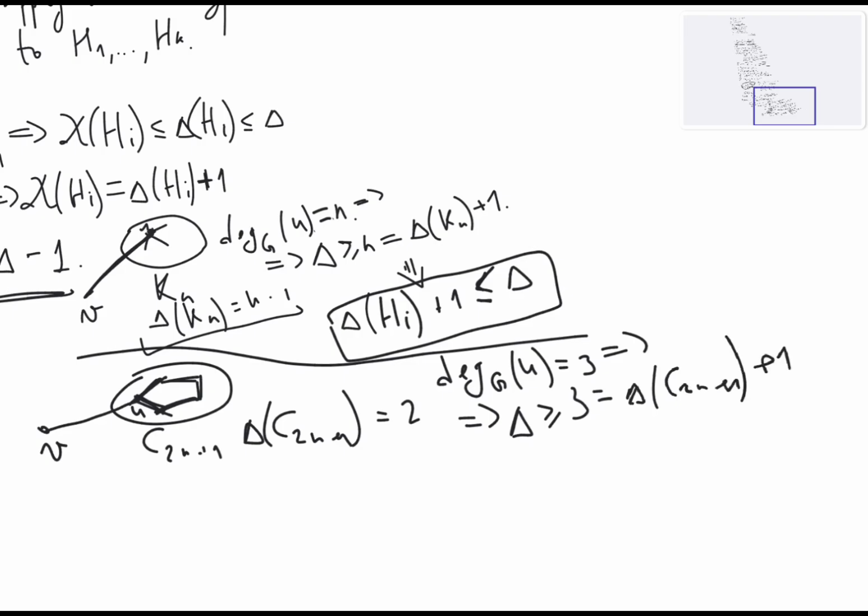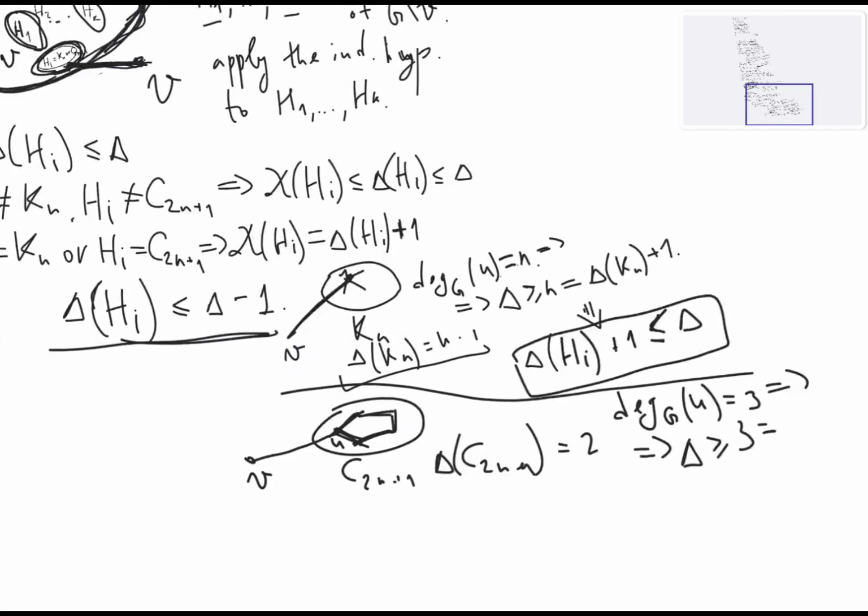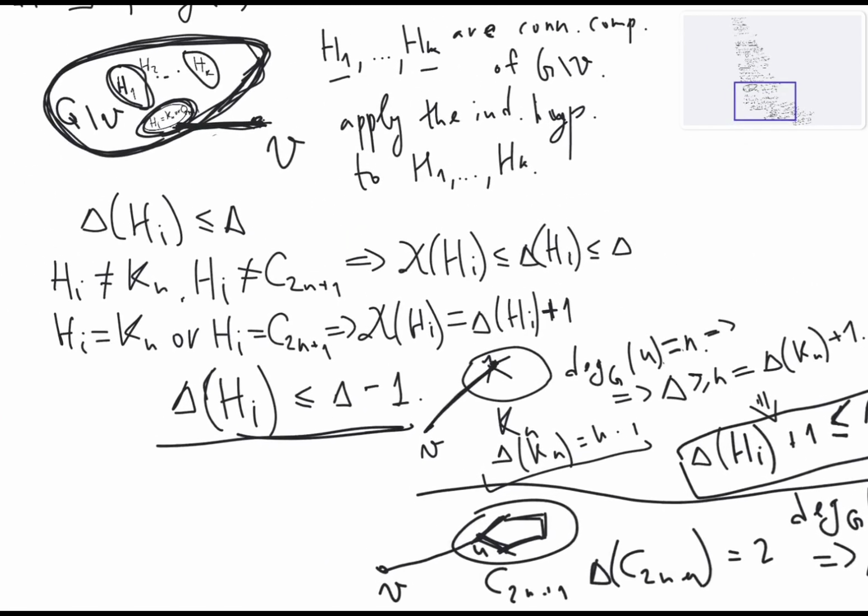And in this case as well, we have that delta of Hi plus 1 is less or equal than delta. So in both cases, when Hi is either a complete graph or an odd cycle, we have this inequality.